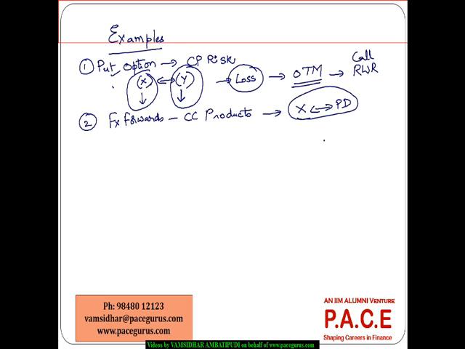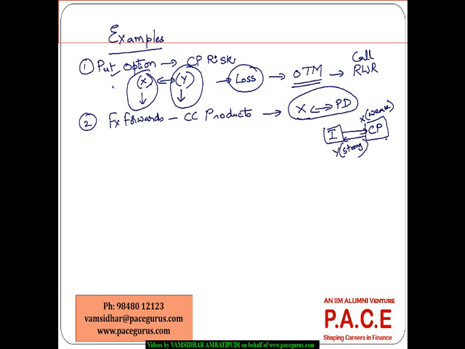Because if you see, let's assume a swap, between the institution and the counterparty. Let's say the counterparty is receiving in some currency X which has weakened, and the institution is receiving some currency Y which is strong.